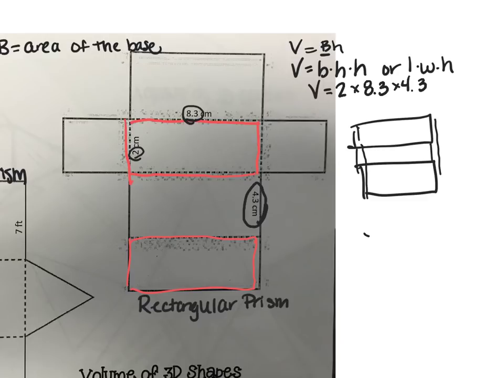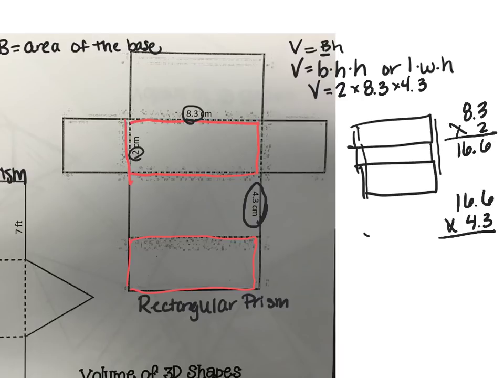So I'm going to do 8.3 times 2 first, and I got 16.6. And I'm going to do 16.6 times 4.3. Make sure you're writing all of this down, guys. Even if you're putting it in a calculator, write it all down.